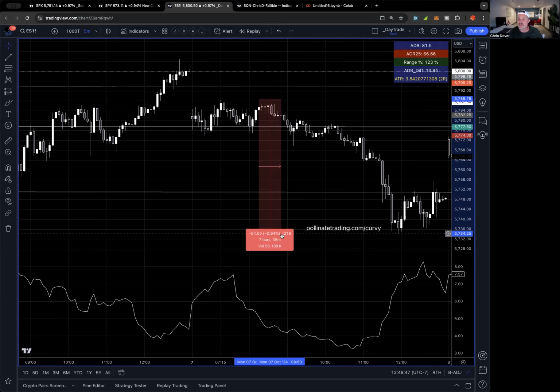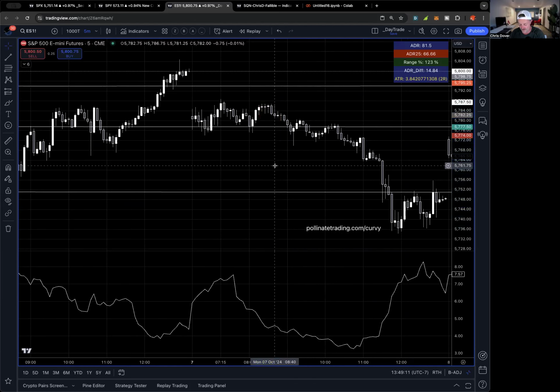Average daily range is 66. Yeah, it was actually inside yesterday. Yesterday was actually an average range day. So once it broke, all it really did is it went to almost the extent of its average range. And then once it got there, it stopped. So here we go. Let's take a look.